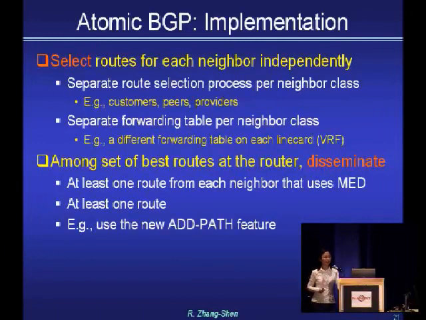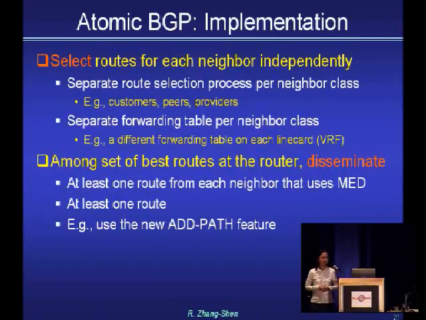But within, you want a little more because you want to have enough information for the routers to make the right decision. So you need to disseminate at least one route from each neighbor that uses MAD. And if you have no neighbor that uses MAD, then you disseminate one route. So you can see that it's very rare you actually need to disseminate more than one route.